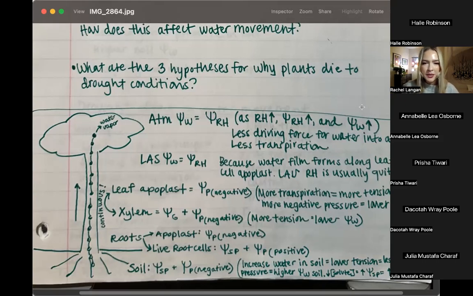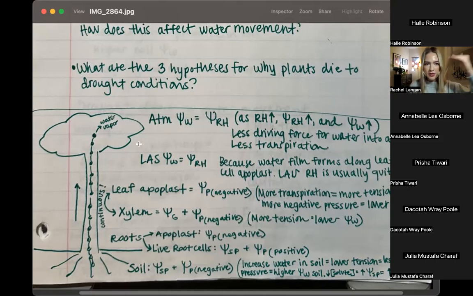Well, if the water potential is high in the air, then water doesn't want to move in that direction because it wants to move from high to low. So an increase in relative humidity means less driving force for water to move into the atmosphere, less of a gradient from the leaf air space to the air, and less transpiration.